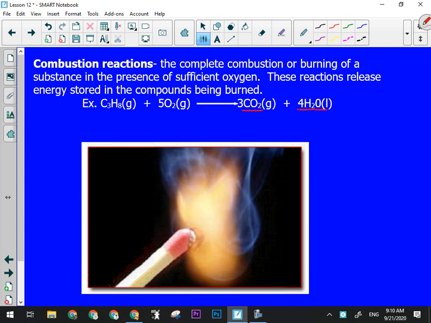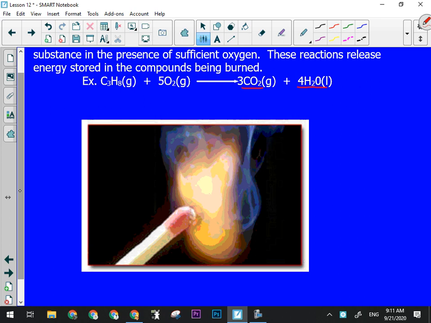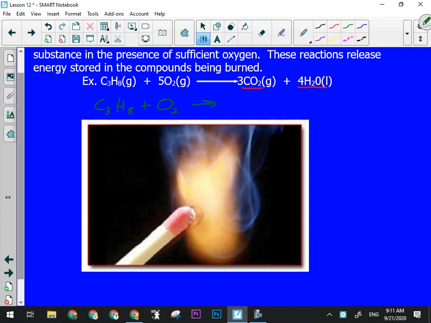Balancing rules for combustion reactions. We haven't talked really about balancing yet, but we're going to have just a quick look at it here. Let's say I write this reaction without any of the numbers. C3H8 plus oxygen.